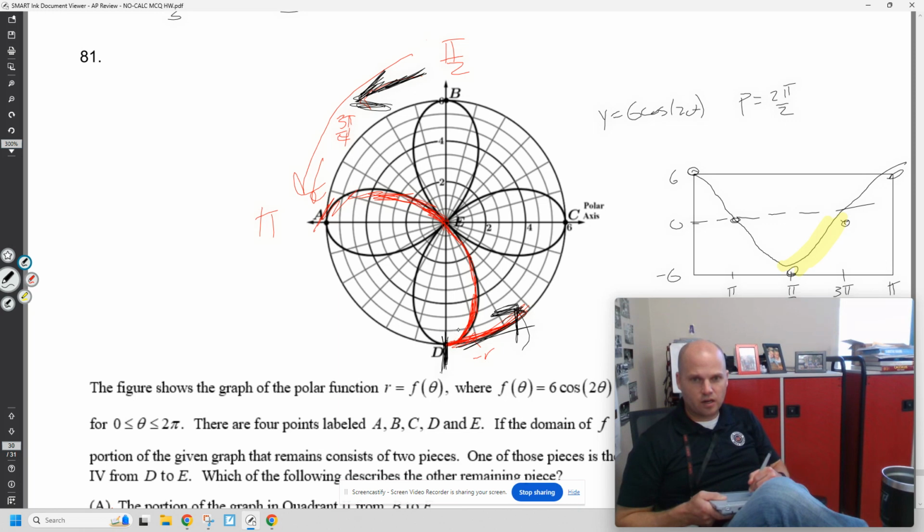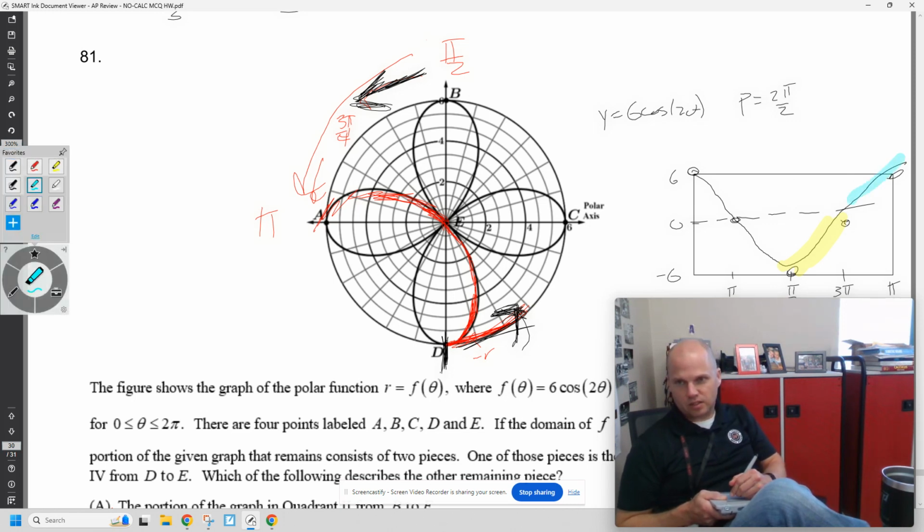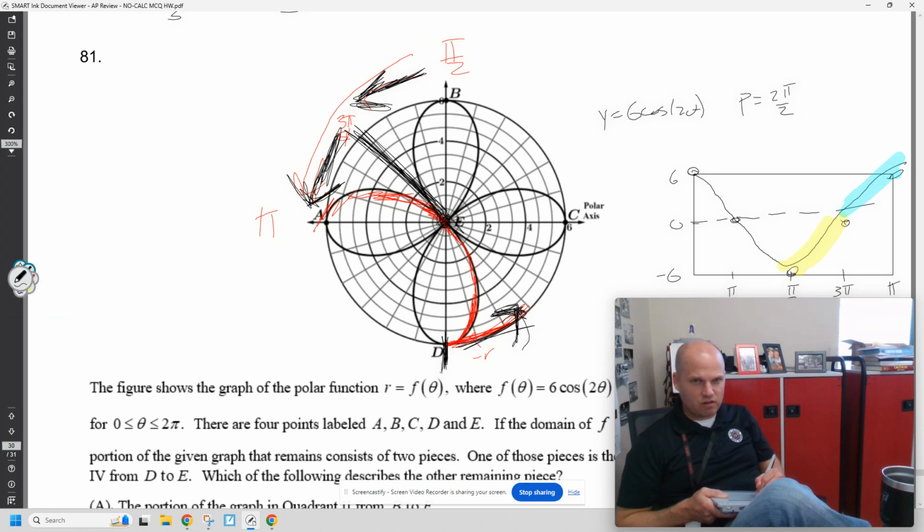Angles are going here, opposite radiuses go here. Then from 3 pi over 4 to pi, we have these positive radiuses starting at 0 going to 6. Well, from 3 pi over 4 to pi, we can see we are starting with a radius of 0 and we are increasing out to a radius of 6, our maximum.